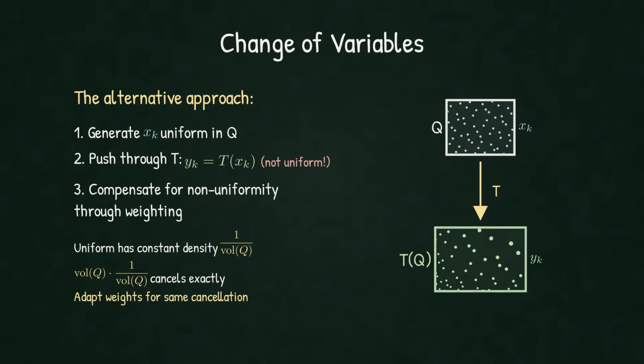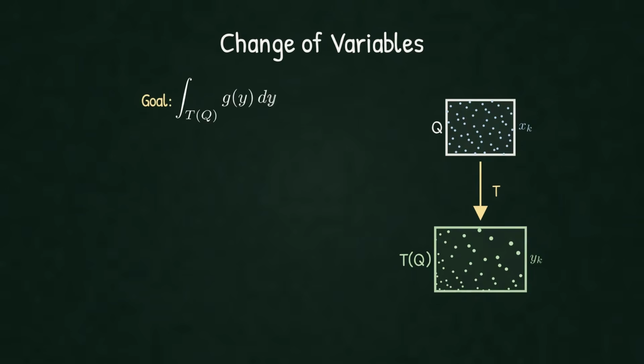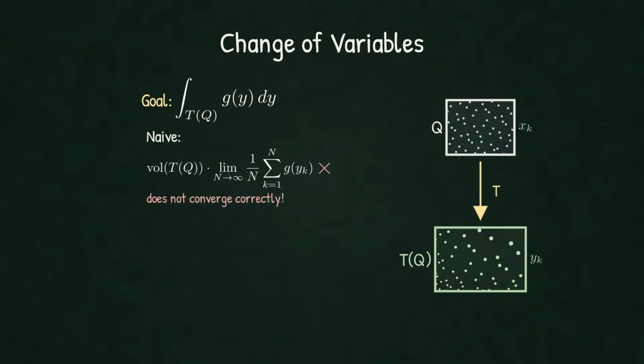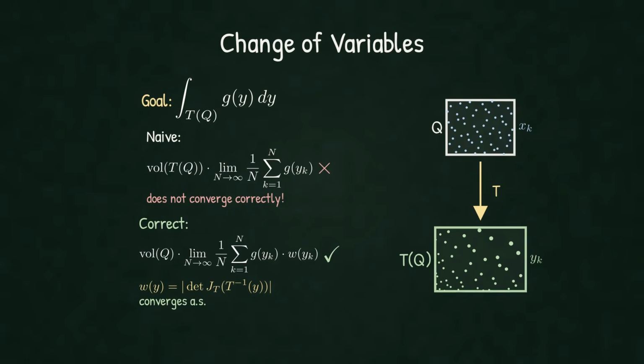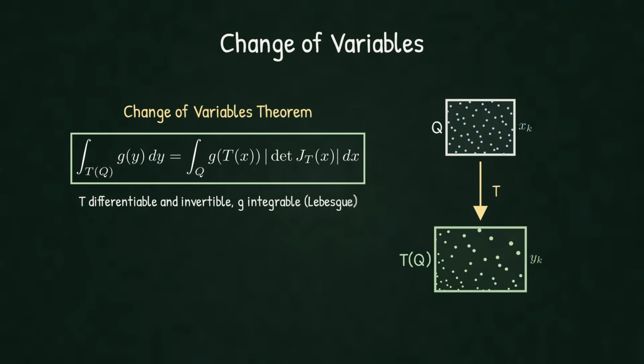So let's derive the formula. To integrate g over T of Q, naively averaging g of y_k fails. The points are bunched, not uniform. The correct approach weights by the absolute Jacobian determinant. We define the integral of g over T of Q equals the integral over Q of g of T of x times the absolute value of the Jacobian determinant of T at x.